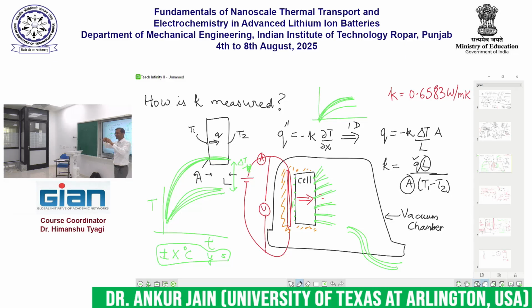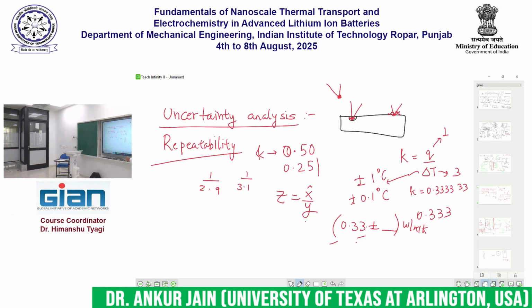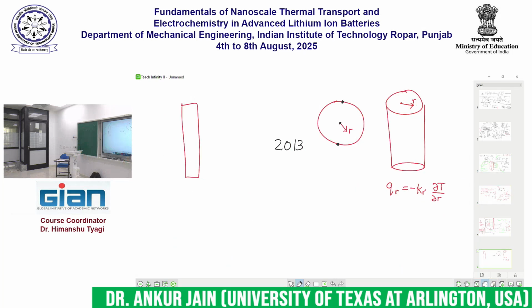So I can take the cylindrical cell, I can place a heater on one side, I can insulate the heck out of it, and I can measure the temperatures at the two axial ends of the cell, right? Along the axial direction, I do have easy access to place thermocouples at the two ends. So measuring the axial thermal conductivity is relatively easier.